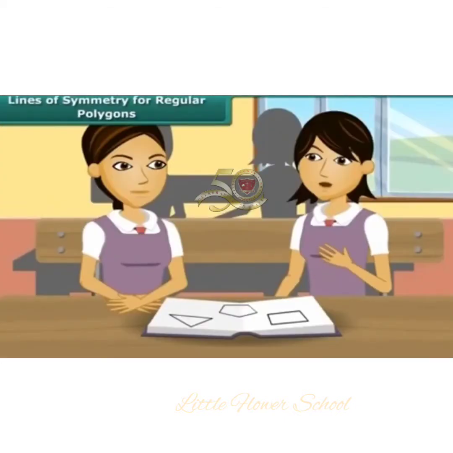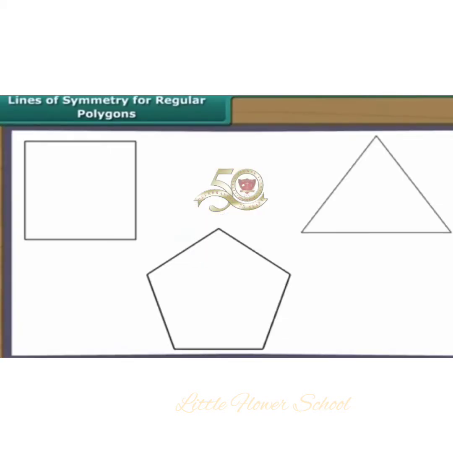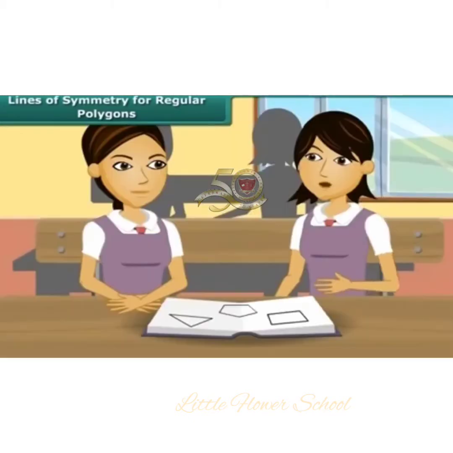Now I will tell you about lines of symmetry in regular polygons. Do you know what a regular polygon is? It is a closed figure made up of several line segments. And a triangle is a polygon made up of at least 3 line segments. You are right. And a regular polygon is one whose line segments are all equal and the measures of all the angles are equal.